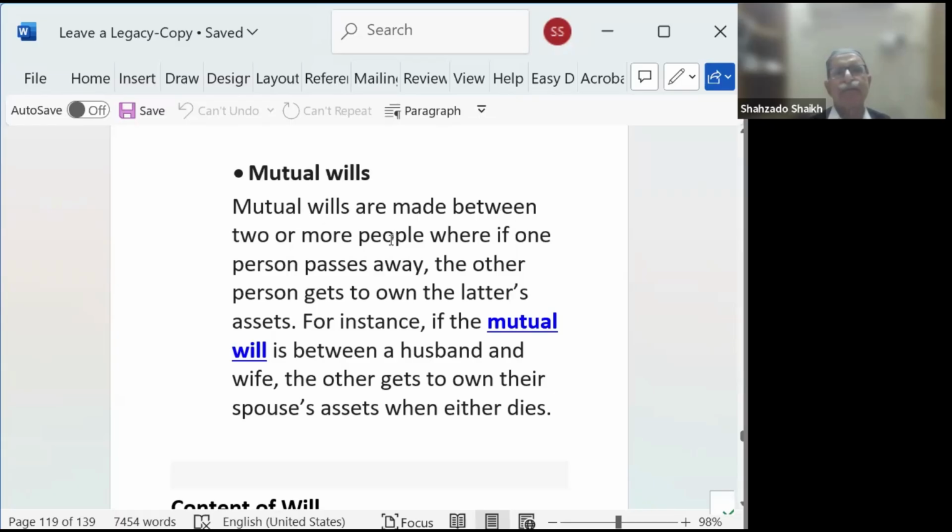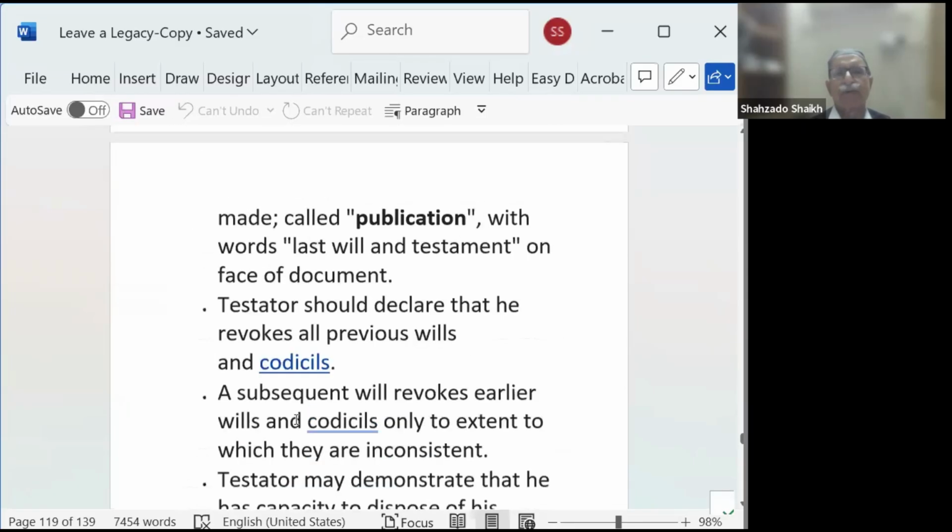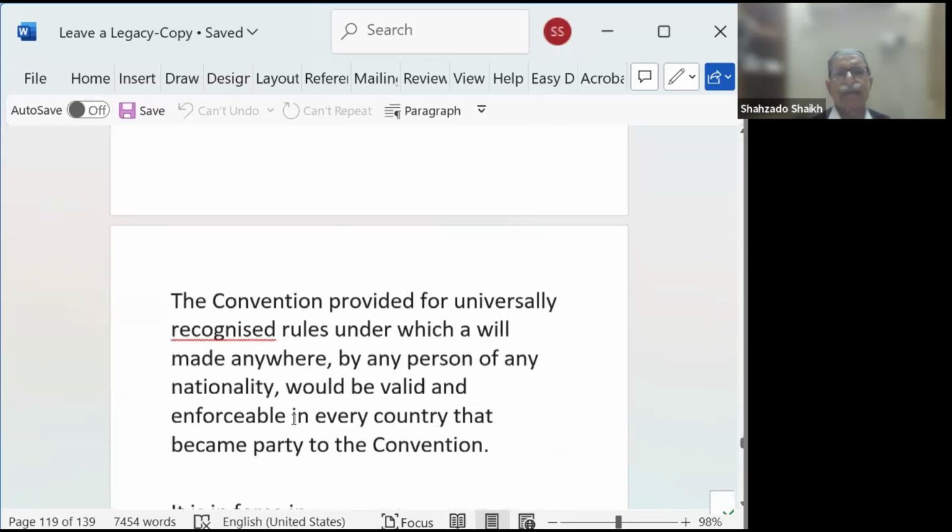Mutual wills are made between two or more people. Generally, if one person passes away, the other person gets to own the latter's assets, and it is mutual. They make separate wills, but they make them mutually beneficial for each other. Now we come to today's lecture.